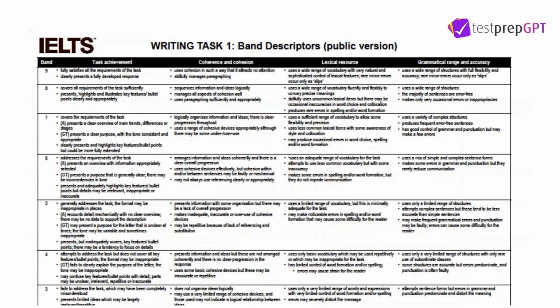If we look more closely at writing task 1, we get more detail through the band descriptors. So for level 6 and above, you need to be providing a clear overview in writing task 1. A good structure, you need to have your introduction, your overview, main body paragraphs, and you need to be using appropriate vocabulary to describe the task.